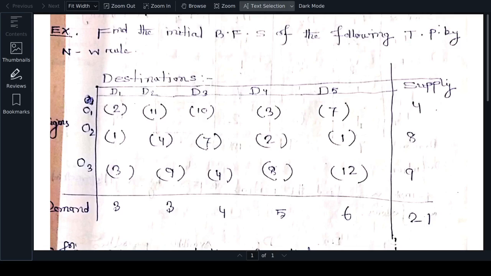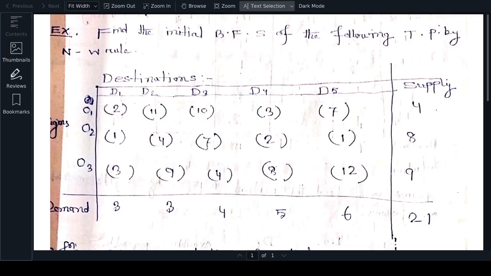Left corner means cell 1 1, top left corner cell 1 1. So in cell 1 1 what is the cost? 2. So in cell 1 1 the cost is 2, and we give the allocation in cell 1 1.